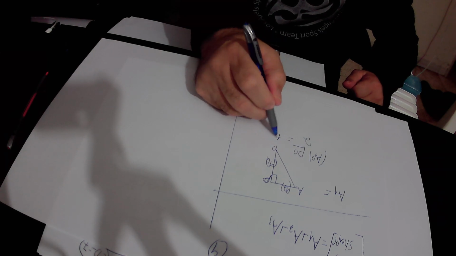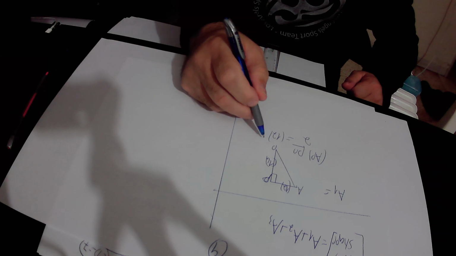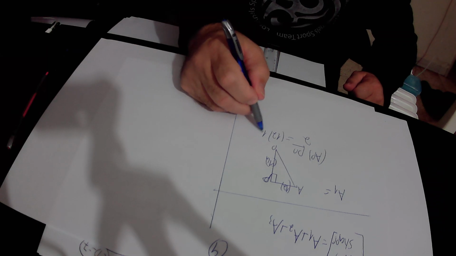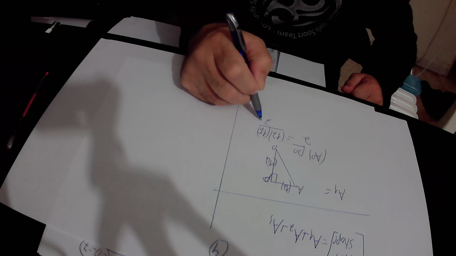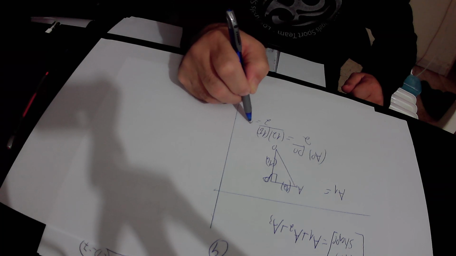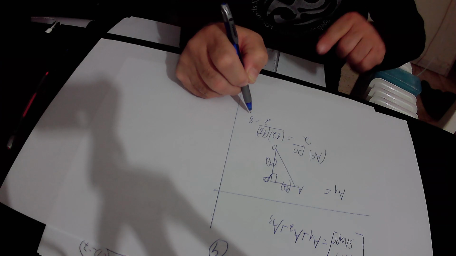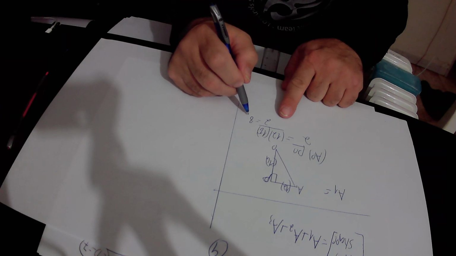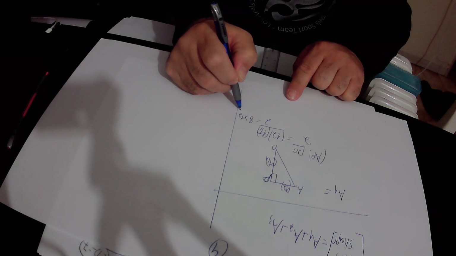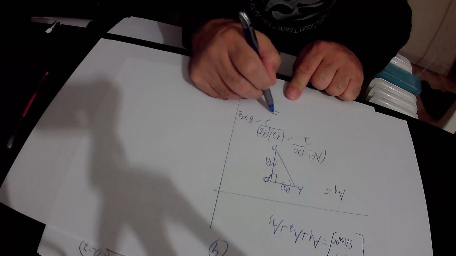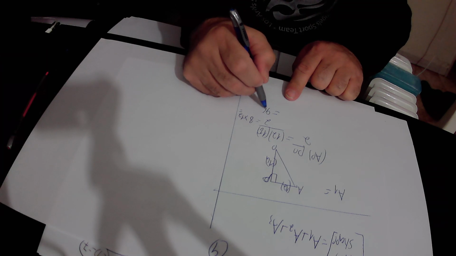AP equals 12, PO equals 16, all divided by 2. 16 over 2 is 8, and in total this expression will be equal to 8 times 12. 8 times 12 is equal to 96.